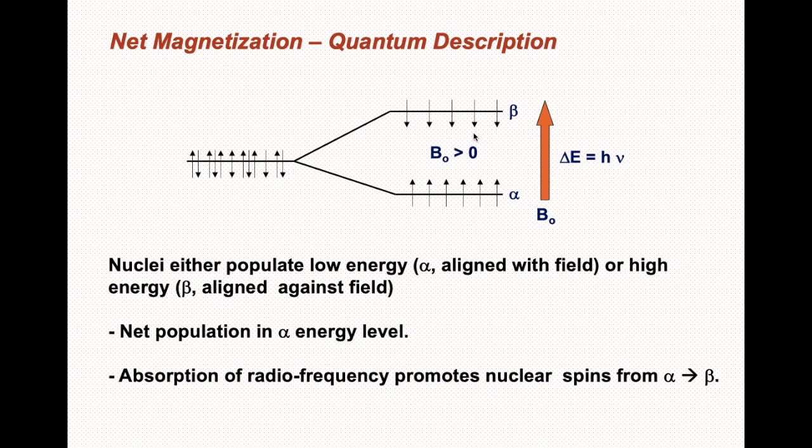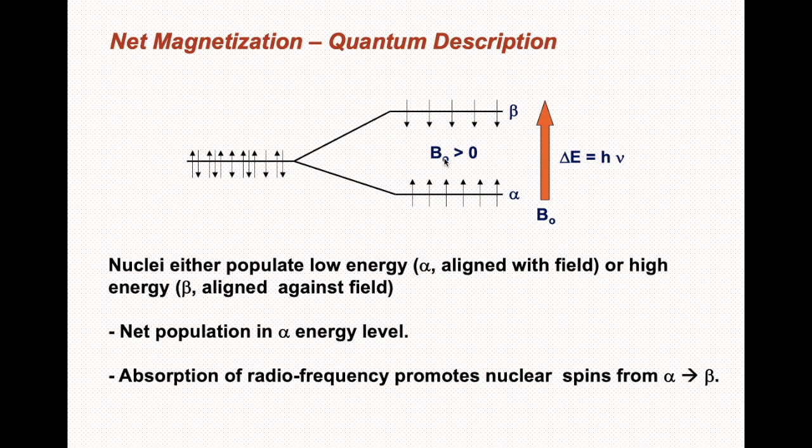Now the question is, how do I calculate the population of the alpha spin state and beta spin state? Well, we have the Boltzmann distribution law. According to it, one can calculate the population in the ground state as well as the population in the excited state.